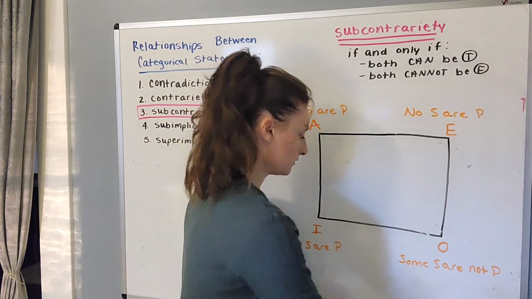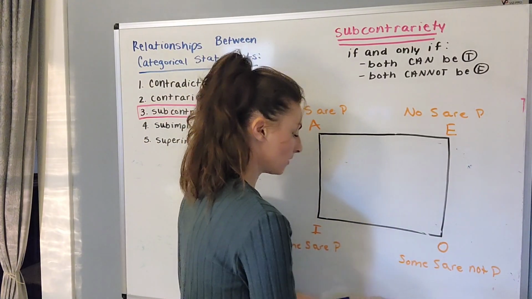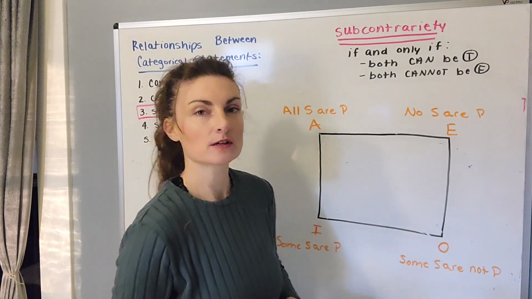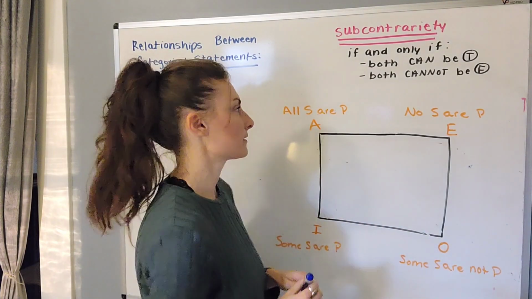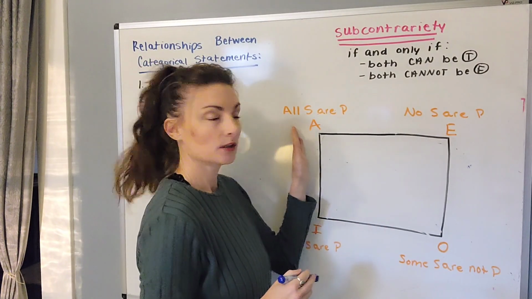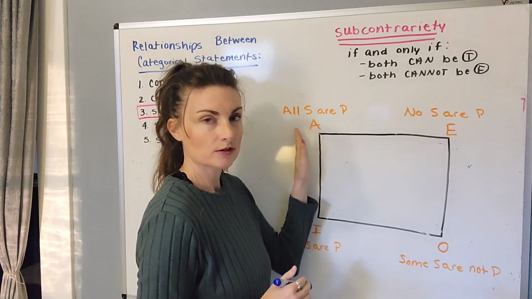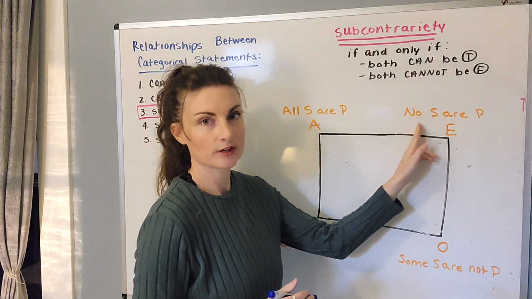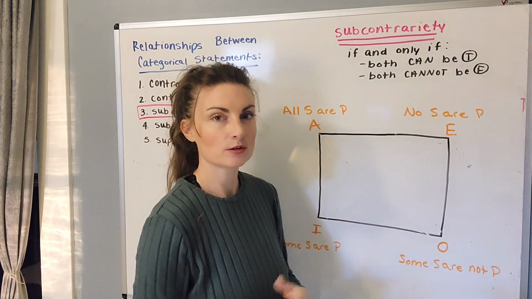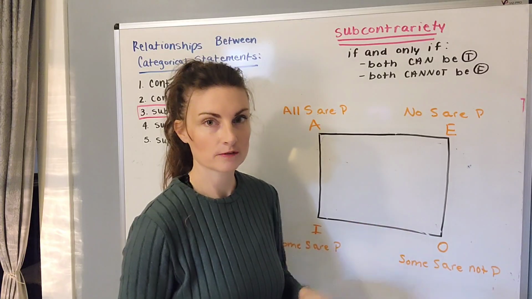All right, now we're going to look at quantity and quality of these statements. How much of the subject are we talking about in each of these statements? Up at the top, we have all of the extension of our subject and none of the extension of our subject. So we are either including or excluding the entire extension of the subject.